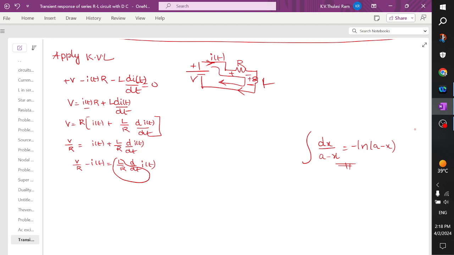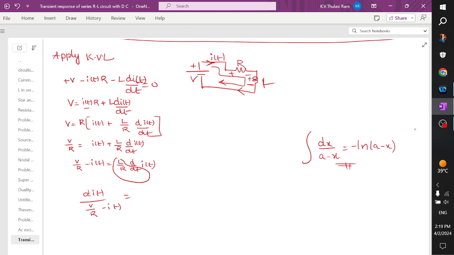So in order to arrange it, what I'm going to do is I'm going to rewrite this in the form of d I of t divided by, this term I'm bringing down, v by r minus I of t is equal to, this term will come to the numerator side.